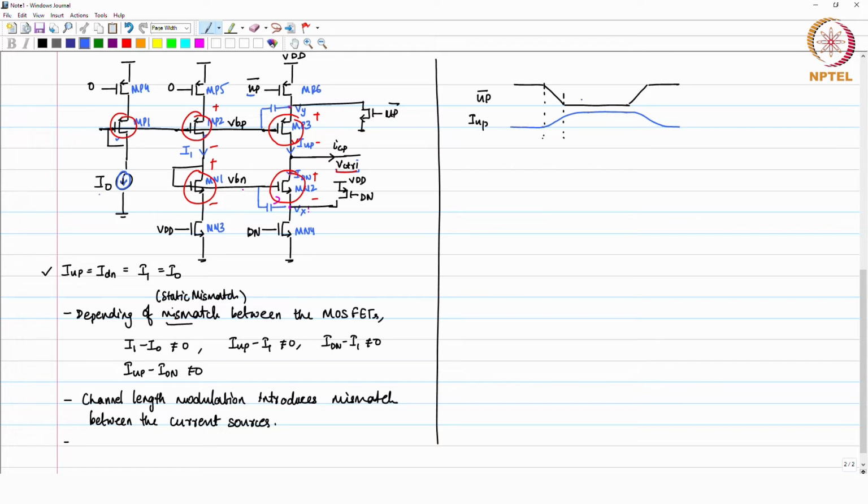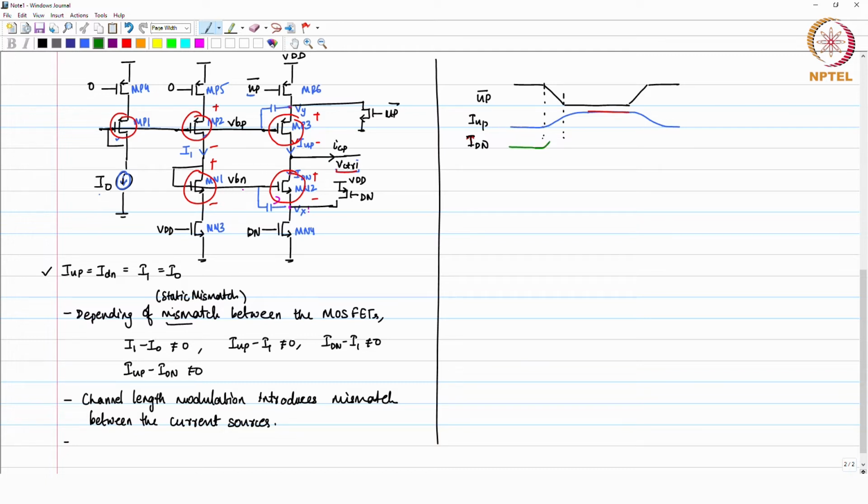Even when this current has reached steady state, this current may be the same for both up and down pulses. You can look at I down current depending on your down signal.